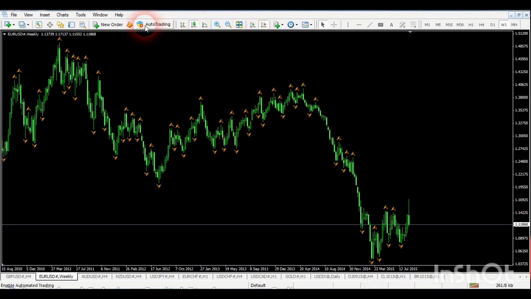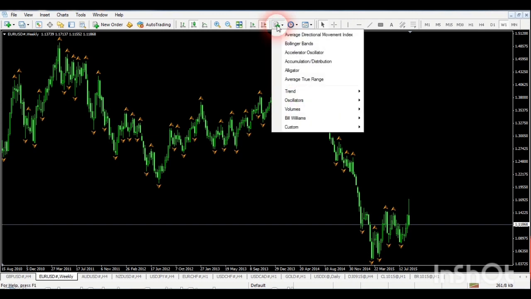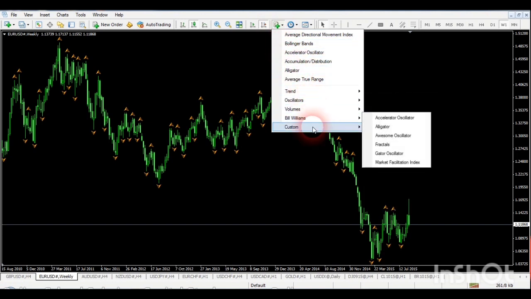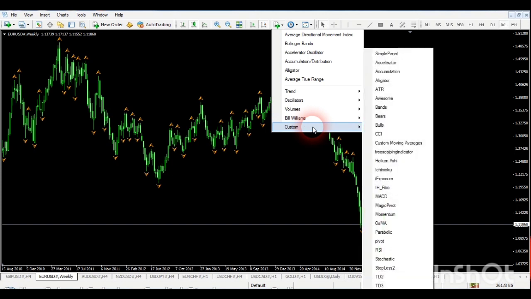For choosing an indicator, you can go to the toolbar, this green plus thing, click on it. You have some indicators here. It shows you the indicators. Some of them tell you the size of the trade or how powerful the seller or the buyer is.